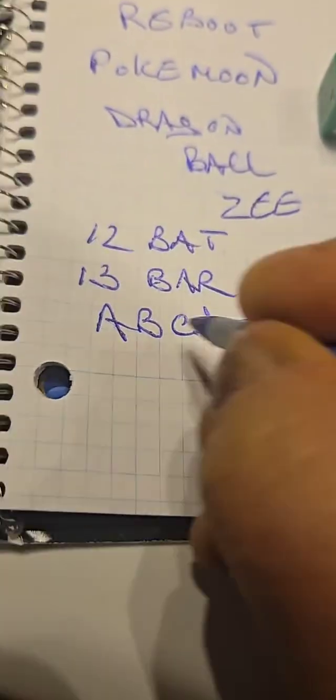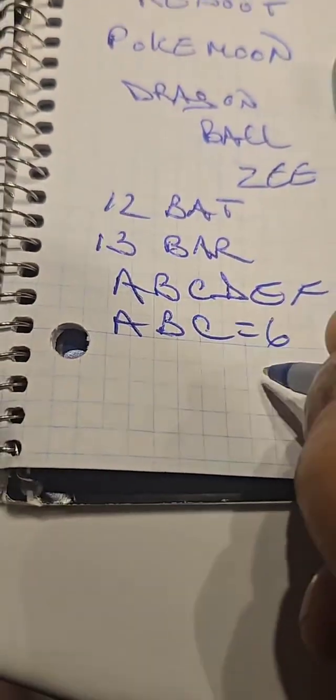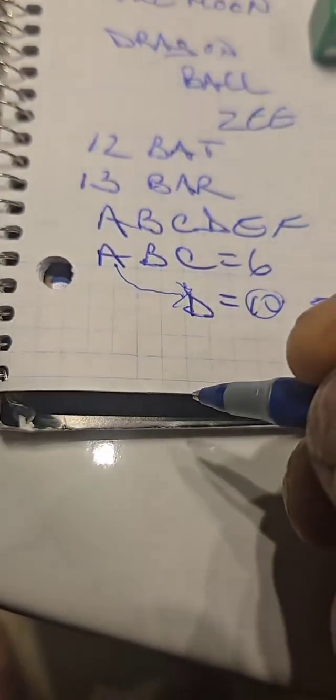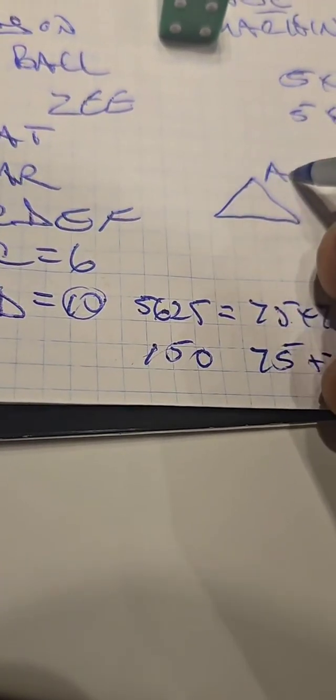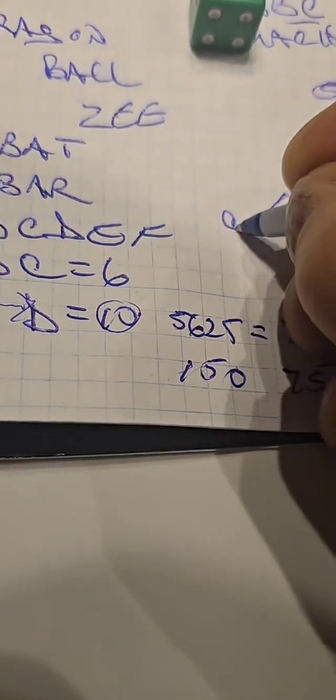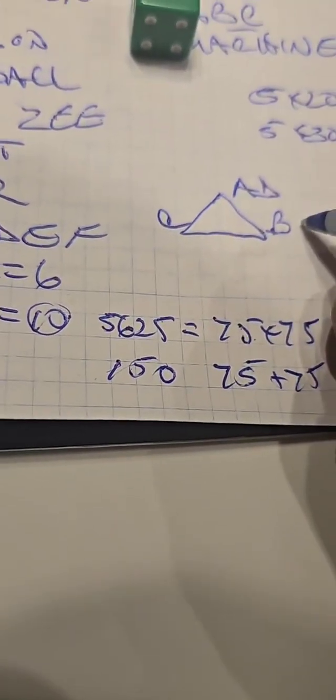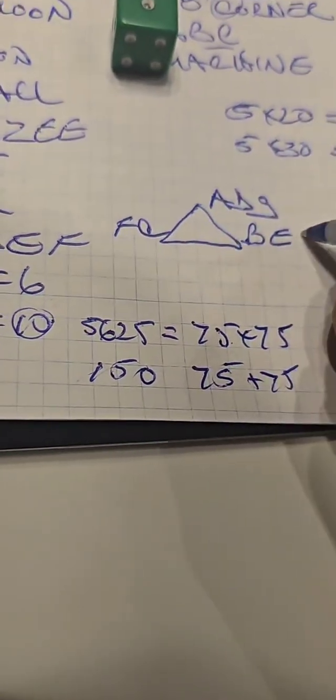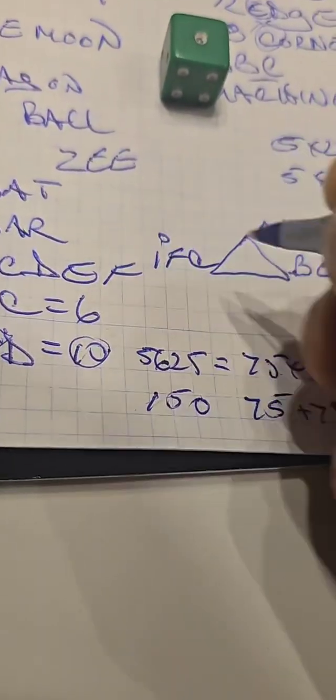A, B, C, D, E, F. A, B, C equals 6. When you had D, it equals 10. Everything comes back to the beginning again. So it becomes A, B, C, D, E, F, G, H, I.